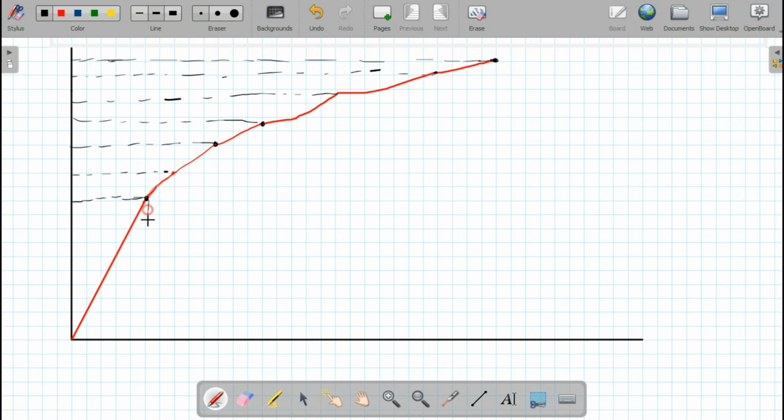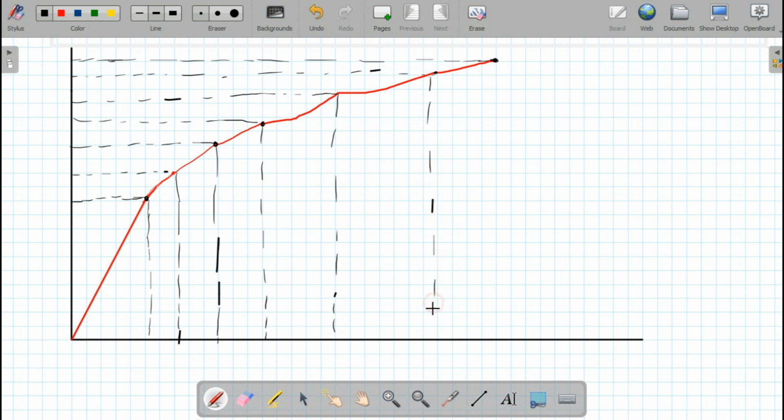You can see here, in this case what is happening is both stress and strain vary.